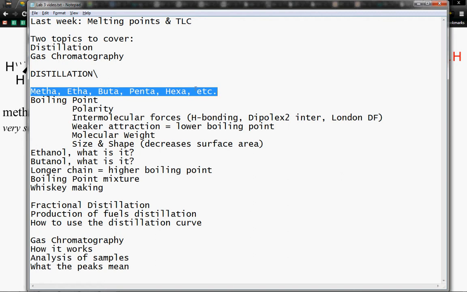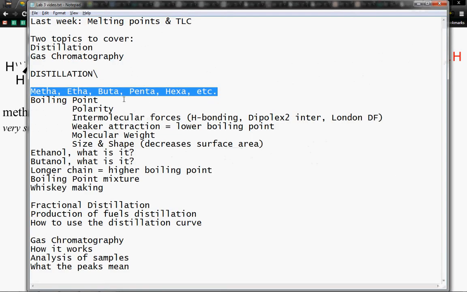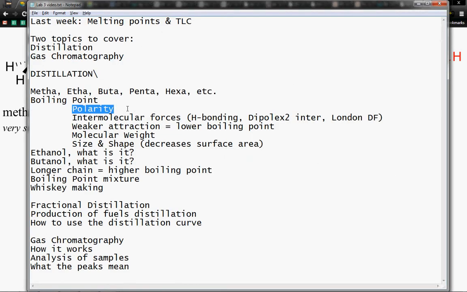This is an important concept to remember, and to remember the name. So this week we're going to be working with an etha and with a buta. So we'll cover those a little bit more in detail.